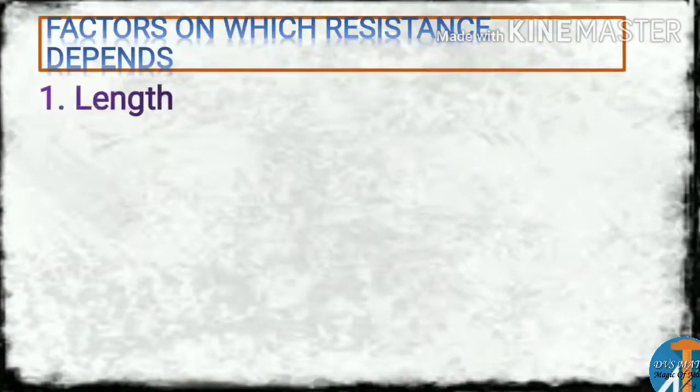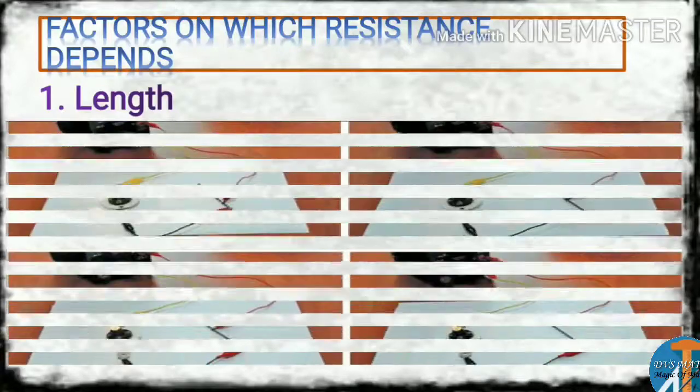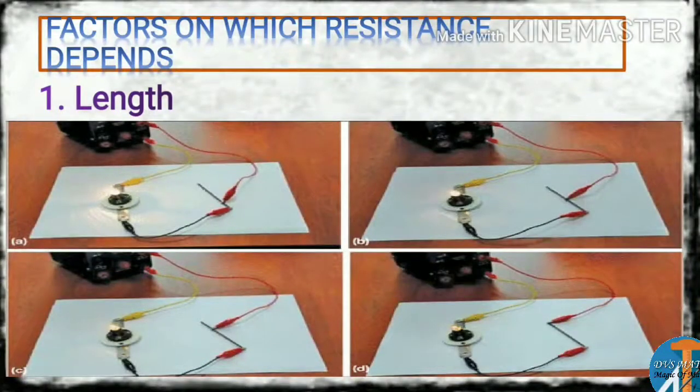So number one, it depends upon the length. Here the factors on which resistance depends, number one, it depends upon the length. So you observe the figures here. Here there is some experiment done. We have wires connected to the source, and we took a lead, pencil lead.